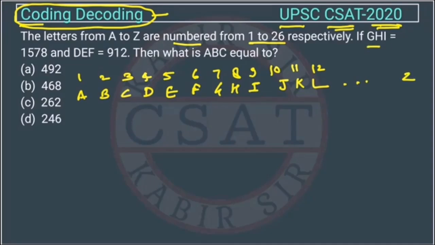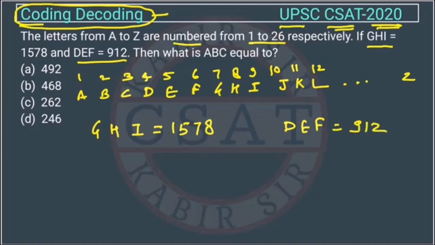So they have given that GHI is 1578, right? And DEF is given 912, right? And the question is asking what is the ABC. So GHI is coded as 1578, right?